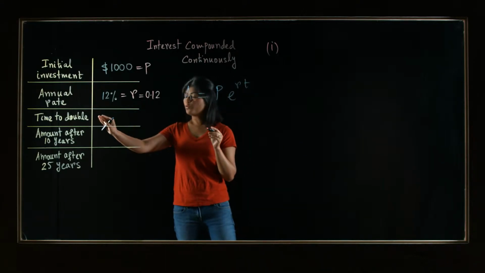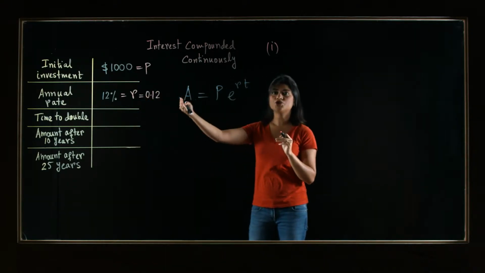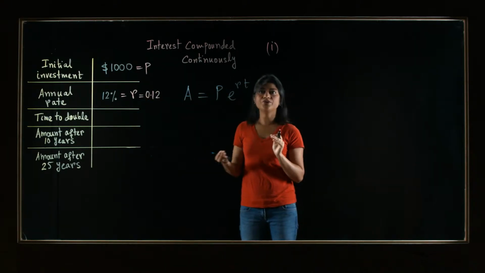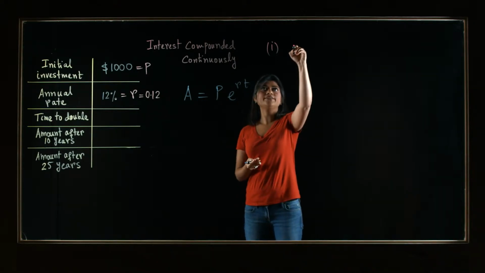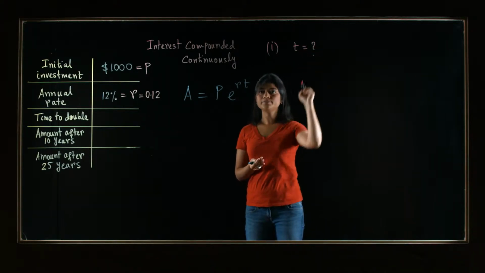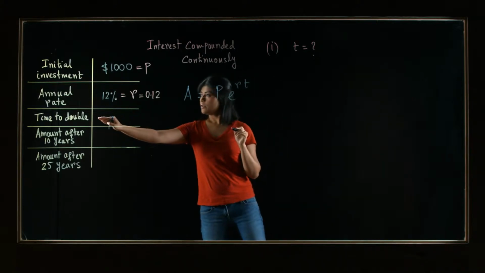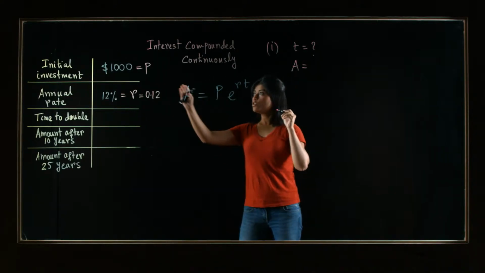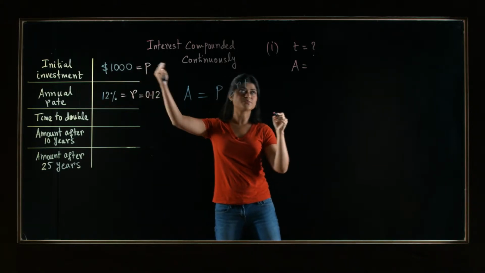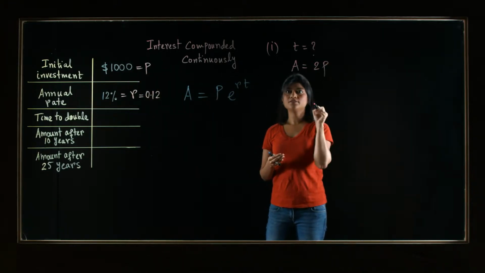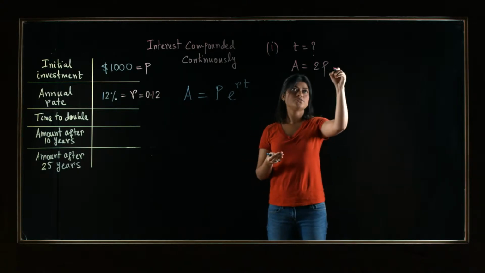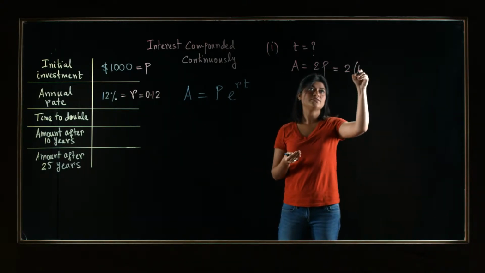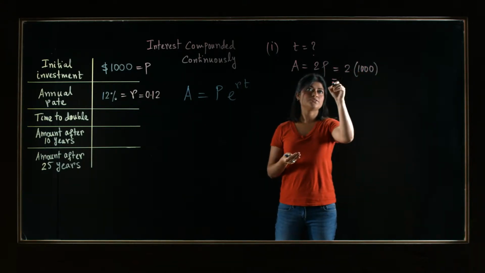How much time will it take to double the initial amount? So what do we really need to find here? We need to find time. So what is T so that the balance A is twice the initial investment? So it's 2P, but P is $1,000. So the balance has to be 2 times 1,000, which is 2,000.